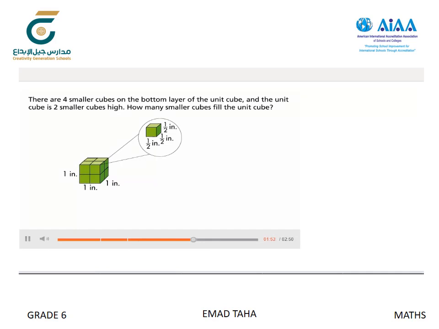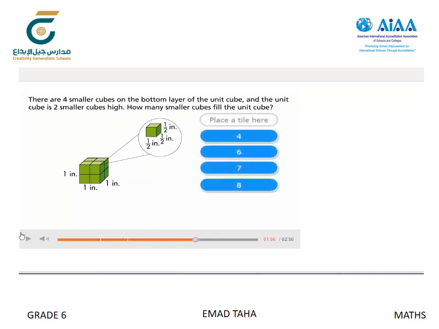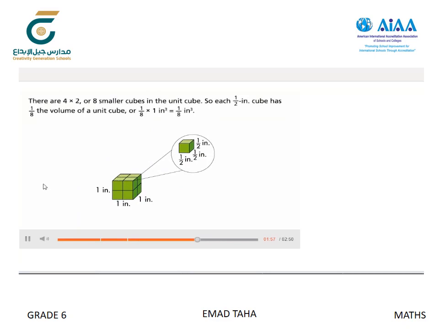How many smaller cubes fill the unit cube? Select your answer. There are 4 times 2, or 8, smaller cubes in the unit cube. So each 1/2-inch cube has 1/8 the volume of a unit cube, or 1/8 times 1 cubic inch equals 1/8 of a cubic inch.